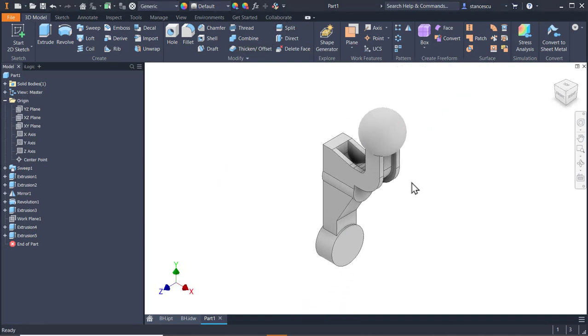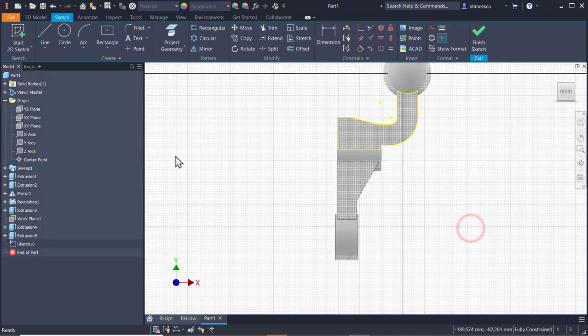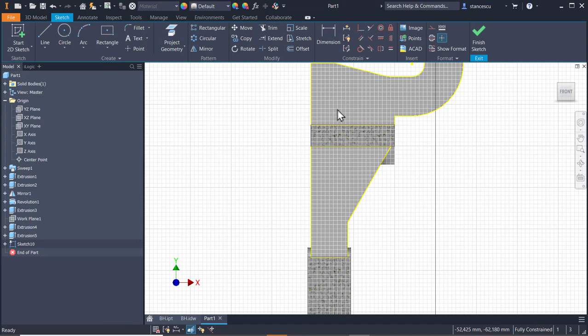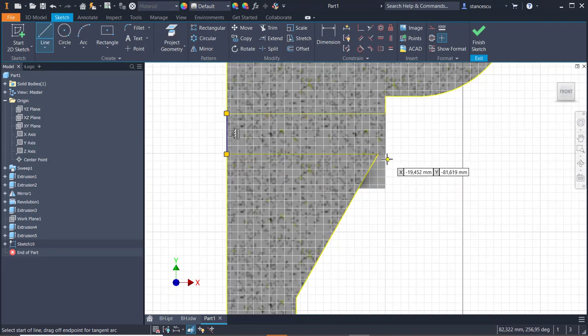Good. Now I create a new sketch on this face. I project also this face, F7, I connect this point with this point, and I draw a new line to the face and a line to here.